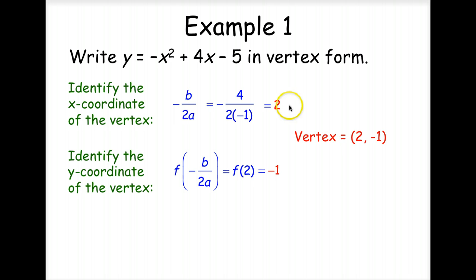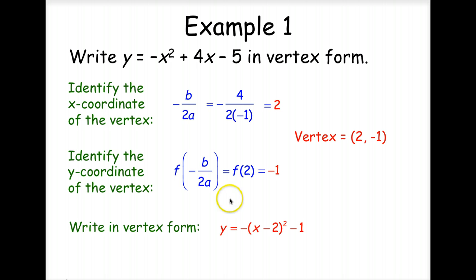So our vertex is at 2, -1. When we write it in vertex form, y is equal to, now our a is the same, -1, and that's what we're keeping here. x minus 2 is our x value, and then -1. So there's our h and our k when we substitute it in.